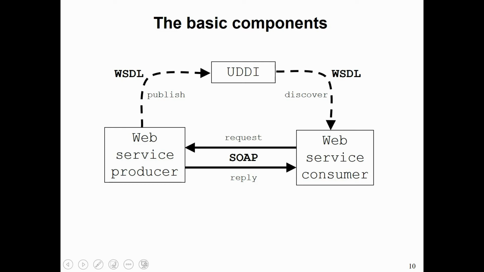This could become automated. When the consumer has made a choice of web service, then the consumer will send a request using SOAP to the web service and get a reply also using SOAP, providing the data that has been asked for. So those are the basic components and the basic architecture.